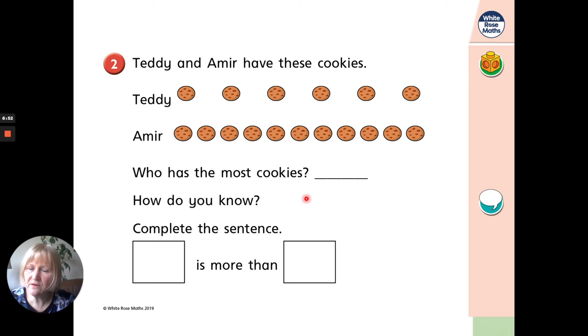Who has the most cookies? Amir. How do you know? Complete this sentence. How do you know that Amir has the most? Well done, because he's got 11, and 11 is more than 6 that Teddy has.